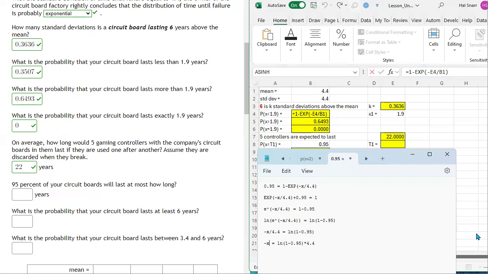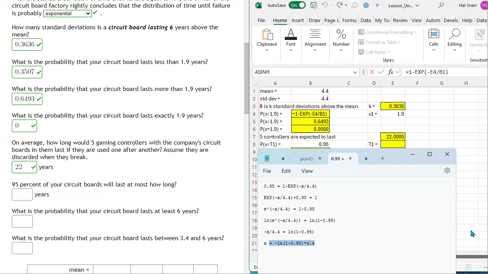Right? And then I'm going to multiply both sides by -1. So -1 times -x, well, that's just x, right? And then I get a -1 times this whole thing is negative, right? I'm going to copy that.